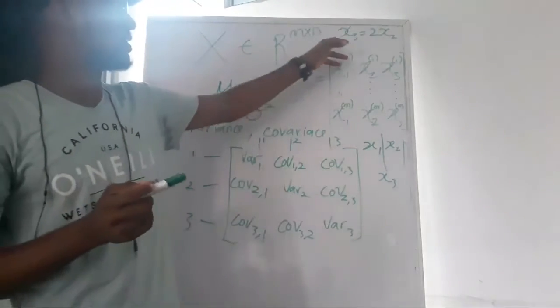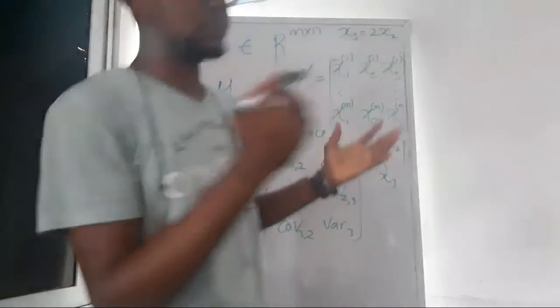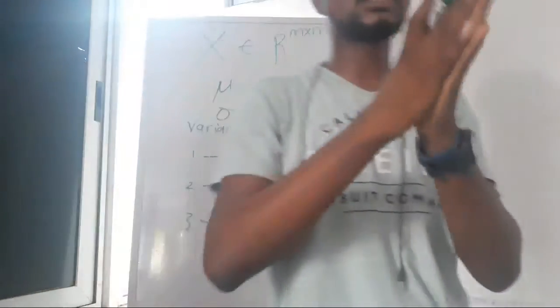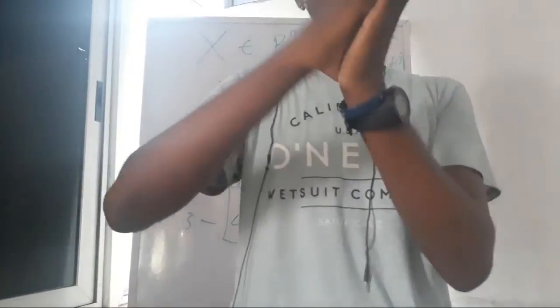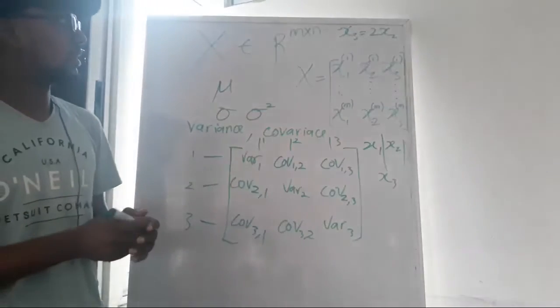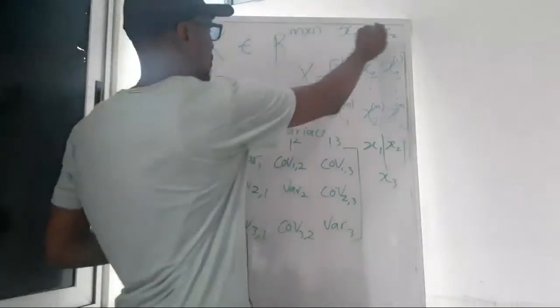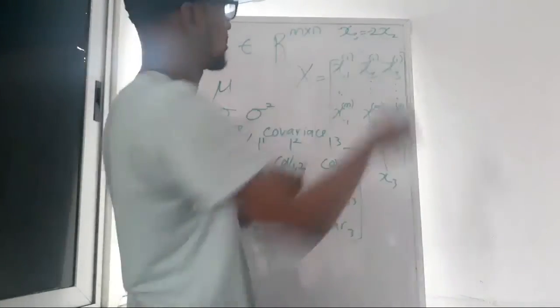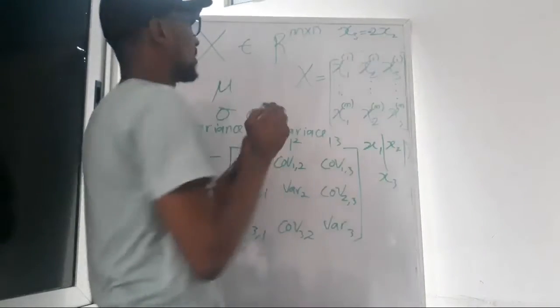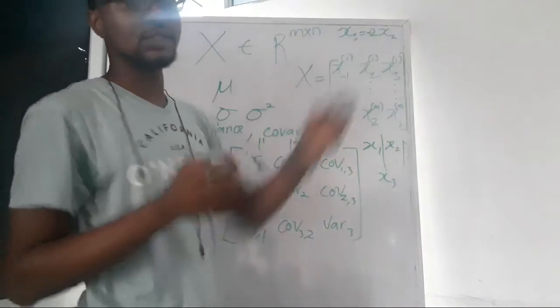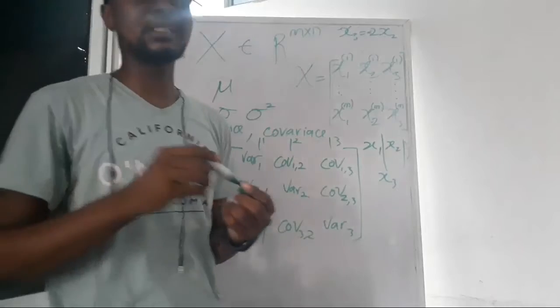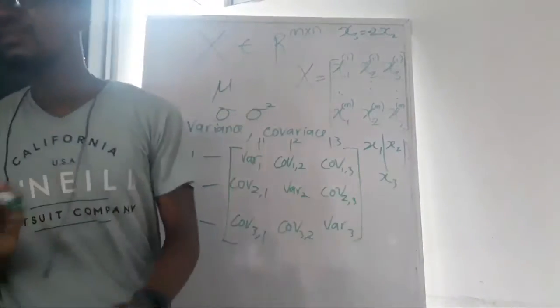If you calculate their covariance, it is going to be greater than 0, probably up to 1 or higher, meaning they are highly correlated. Then let's assume this is minus 2, meaning the covariance between these two is going to be less than 0.